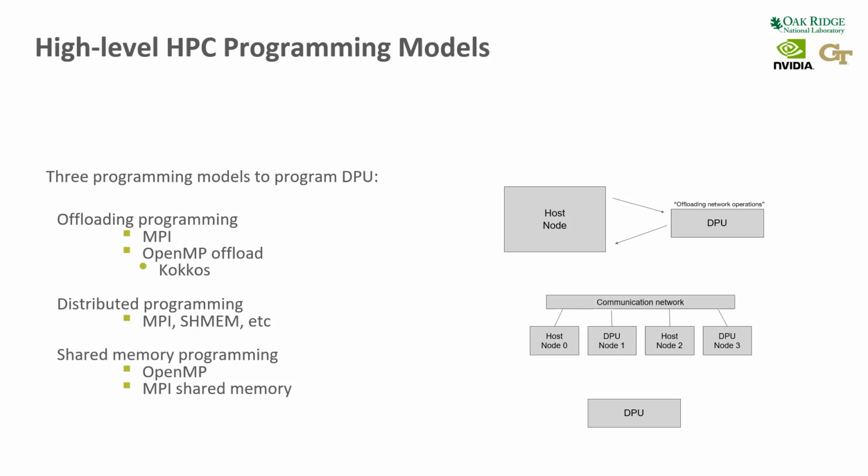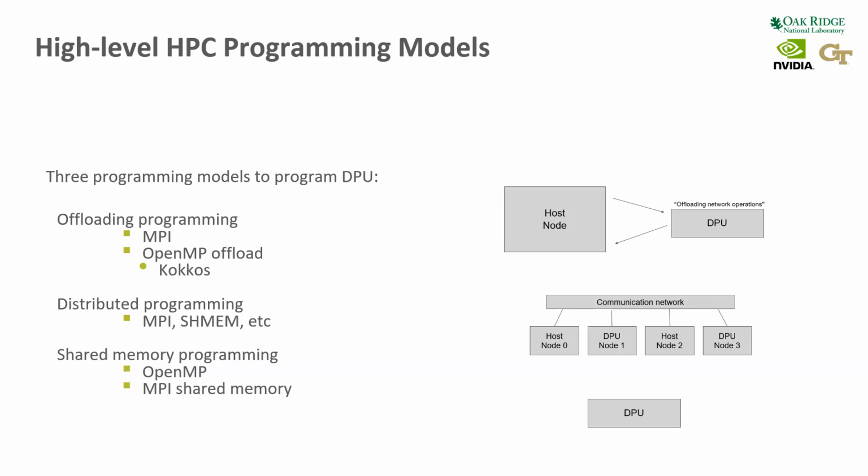So the programming models that support this as of today is MPI in the context of OpenMPI that can be used to offload operations in MPI, in particular collective operations that are beneficial to run on the DPU. Not all of the collectives are beneficial to offload to the DPUs.